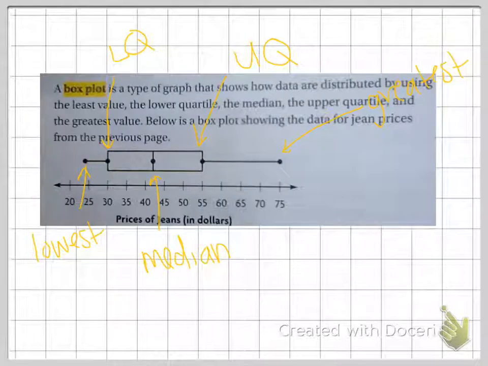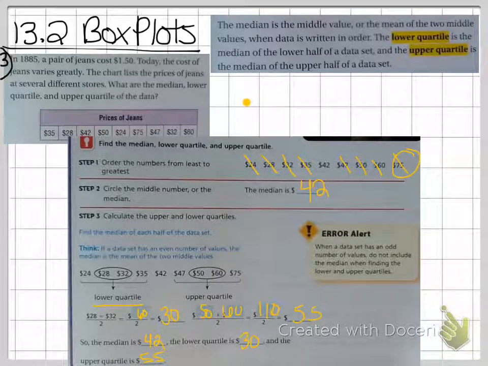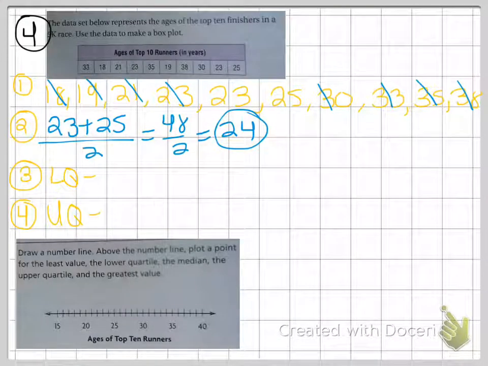So last time we did not include our median. In this case, with the jeans, it was 42. But since we had to find the mean of 23 and 25, those are going to be included in our lower quartile and upper quartile. So now we're looking for the median within both of those quartiles.